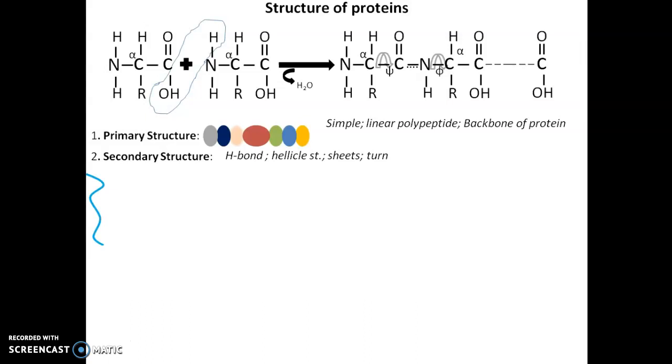Here we have a ribbon-like structure. Suppose it's a protein. When some torsion angles show their movement, this becomes an opportunity for other atoms, like the hydrogen of amino and the carbonyl oxygen, to come together to form a hydrogen bond to give rise to an alpha helix. In the case of the alpha helix particularly, the hydrogen bond is formed between the first amino acid and the fourth amino acid.